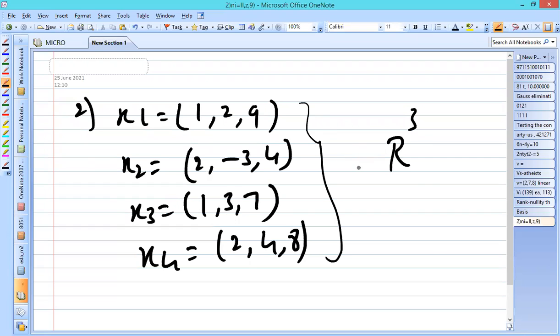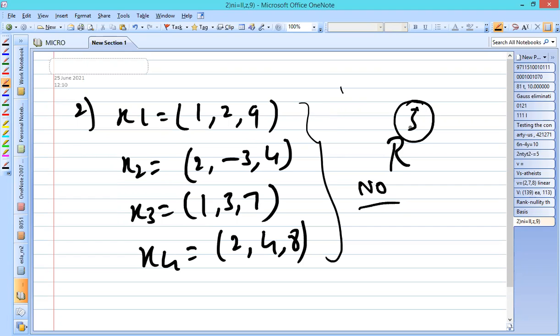See, the answer is no. It does not form a basis in R3 because here you have to observe the value of n. n is taking the value 3. So it means that it should consist of only 3 elements, x1, x2, x3. Even if it contains an extra element, it doesn't mean that it is going to form a basis.